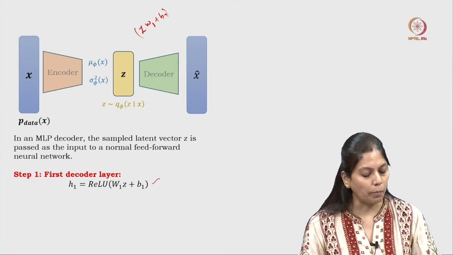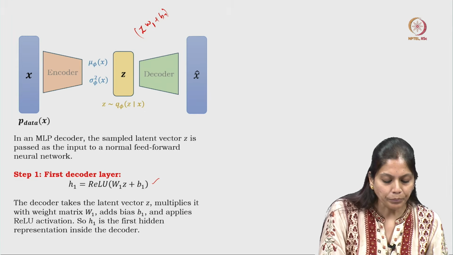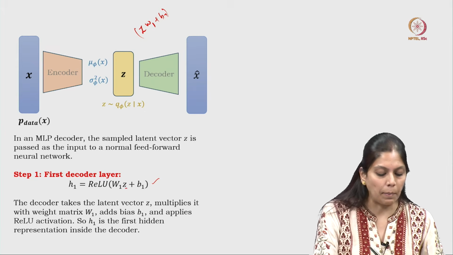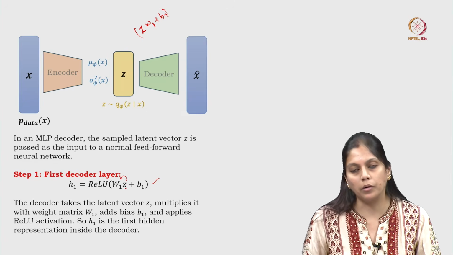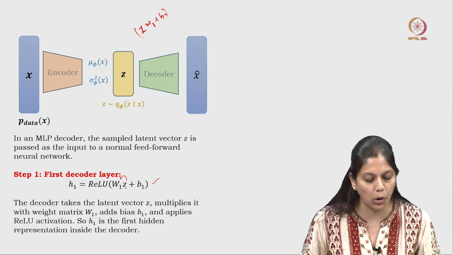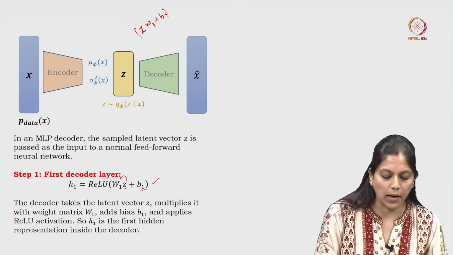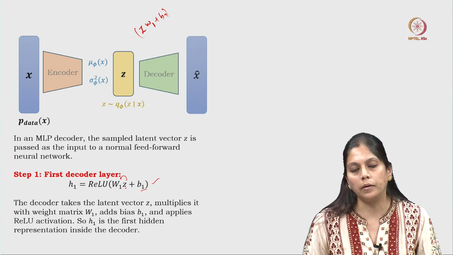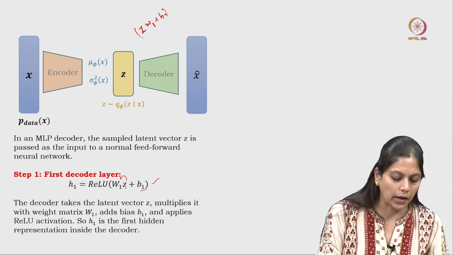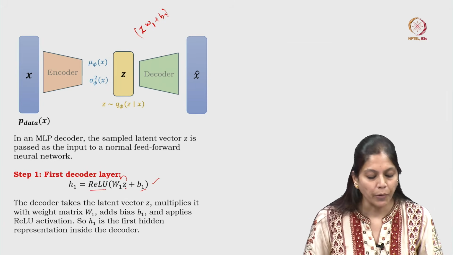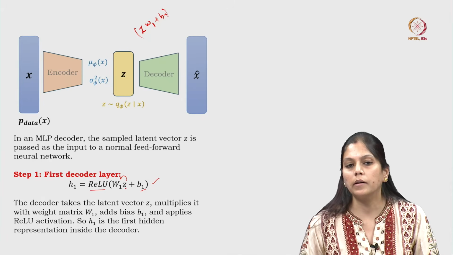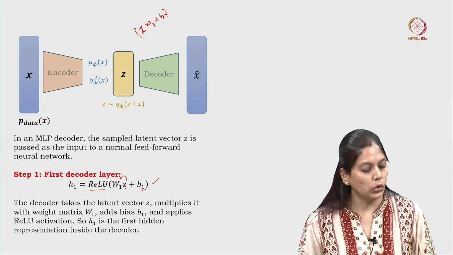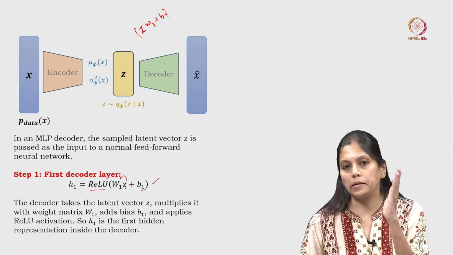So what exactly operation has taken place? The decoder takes the latent vector Z, multiplies it with the weight matrix W1, and then adds the bias B1. And then we are applying the activation function, and here the activation function used is ReLU. Therefore, H1 is the first hidden representation inside the decoder.